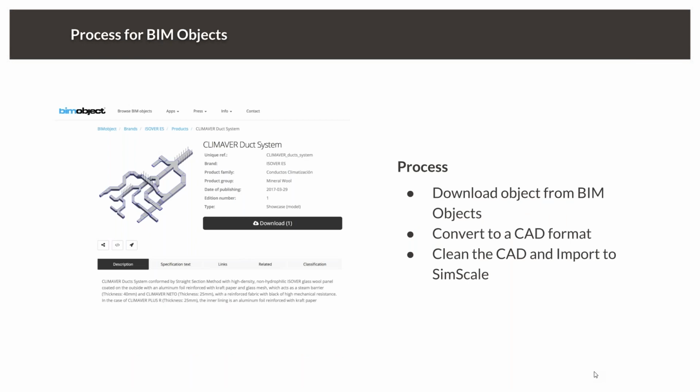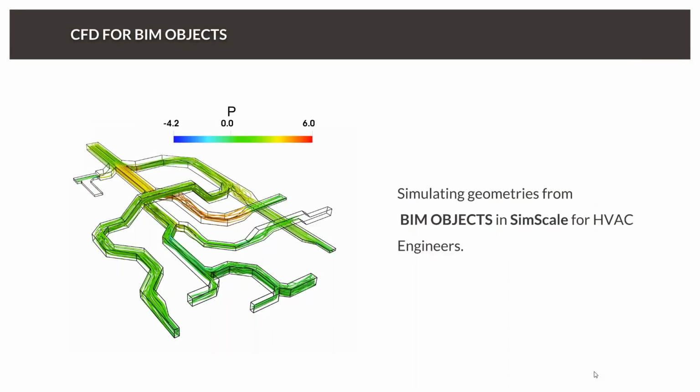What we want to do right now is to perform a simulation, since the manufacturer of this duct system, in this case the company Isover RS, is not providing any information about the flow field generated by this HVAC duct. And let's say you're also thinking about adding specific fans to this duct system, and you want to know how these fans are interacting with this ducting system.